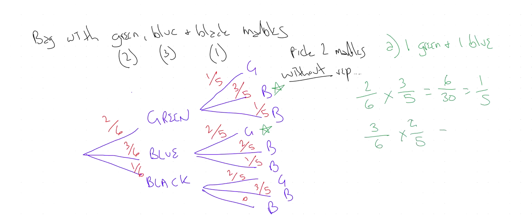So I get 6/30 again, which is 1/5. So what is the probability that I get a green and a blue? It's 2/5 because think about the language. I'm allowed to have this or this. So altogether, my probability of getting a green and a blue is 2/5.